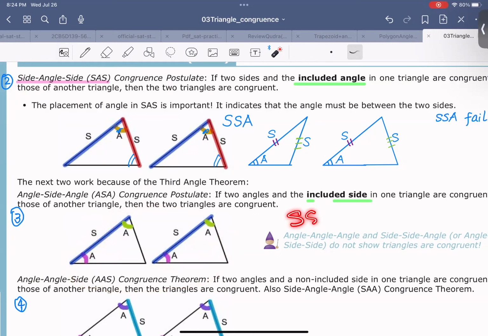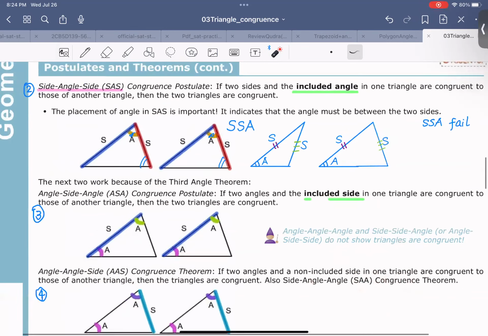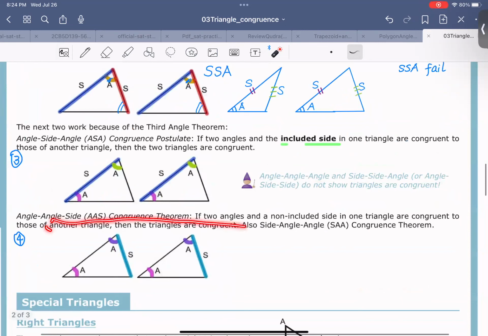So the first one, write down SSS. Second one, write down SAS. Third one, write down ASA. Now, Annie, let's read the last one, right here. AAS congruence theorem. If two angles and a non-included side in one triangle are congruent to those of another triangle, then the triangles are congruent.